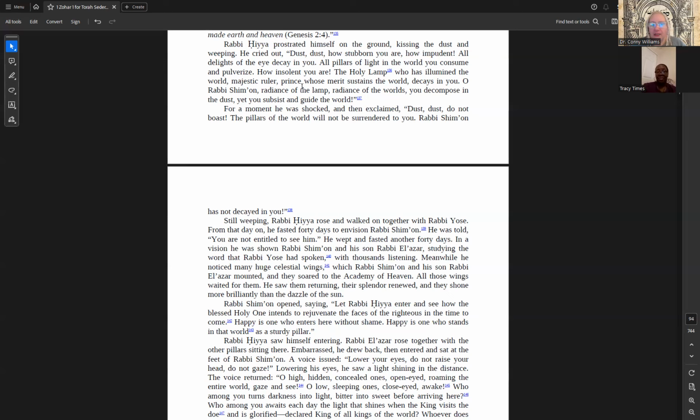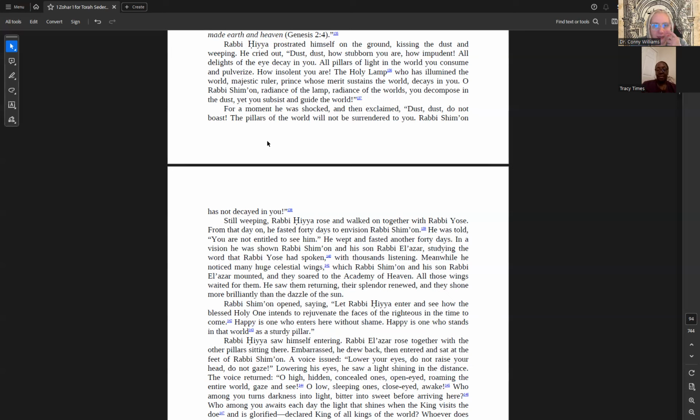But if that does not come our way, we always have this temple right here that is a world unto itself that we can fix and that we can elevate through Torah, by means, in this case, of the Kabbalah.